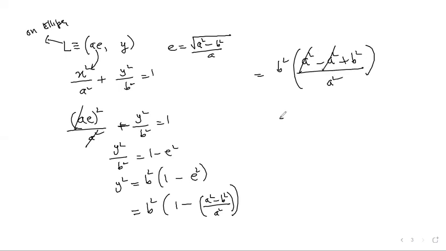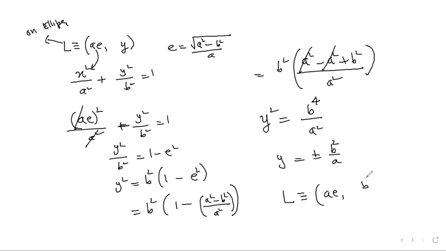They both will get cancelled. So B raised to 4 upon A square. This is your y coordinate. So y is plus or minus B square upon A. So the endpoint of the latus rectum will be AE comma B square upon A. Another one will be AE comma minus B square upon A.